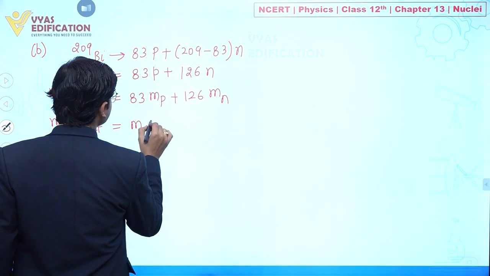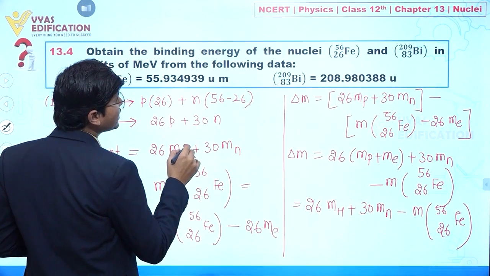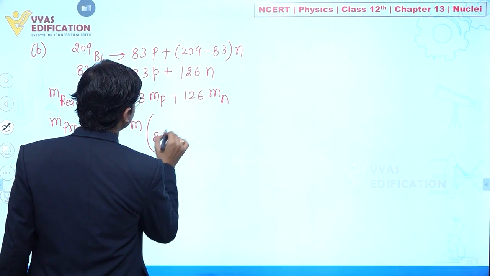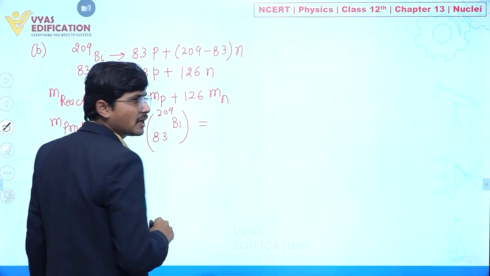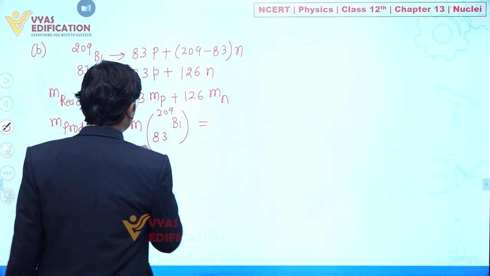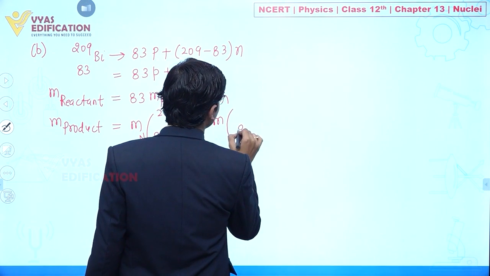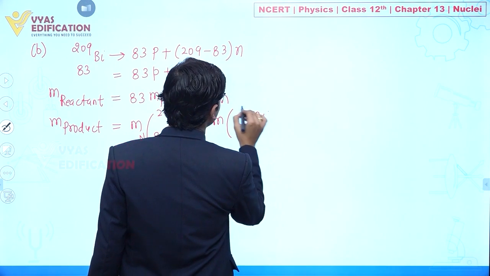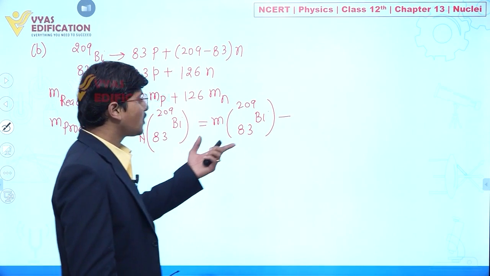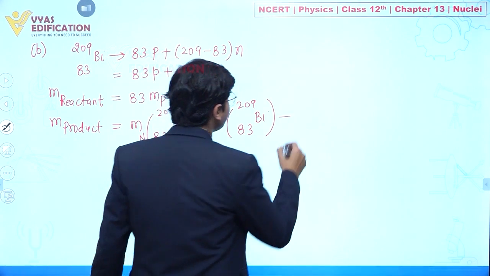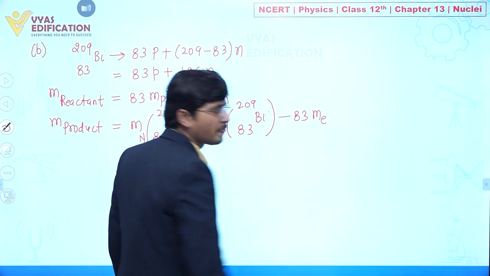This is the mass of 83 bismuth 209, and definitely this should be equal to, now actually we want to find the mass of a nucleus, so this should be equal to the atomic mass of 83 Bi 209. Now we have to subtract the mass of electrons, so the number of protons is equal to the number of electrons, so this should be 83 times the mass of electron. Clear?